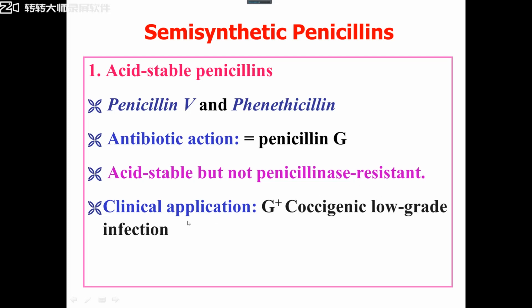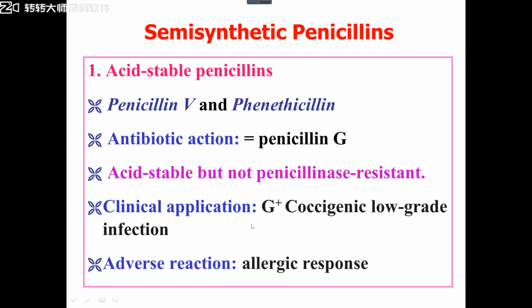But this drug is oral, so it is for mild patients, mild positive cocci and moderate positive bacillus infection. For mild pneumococci or streptococci infection, we use the oral drug penicillin V.